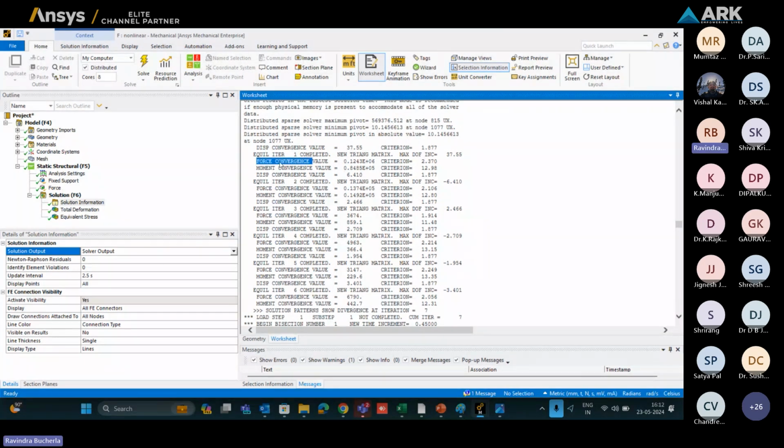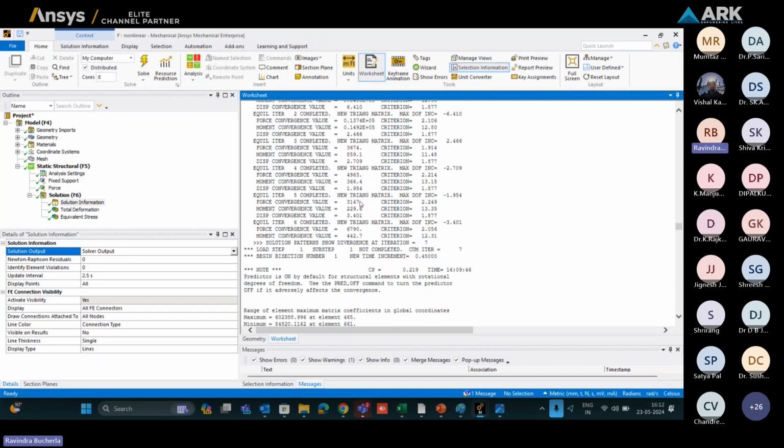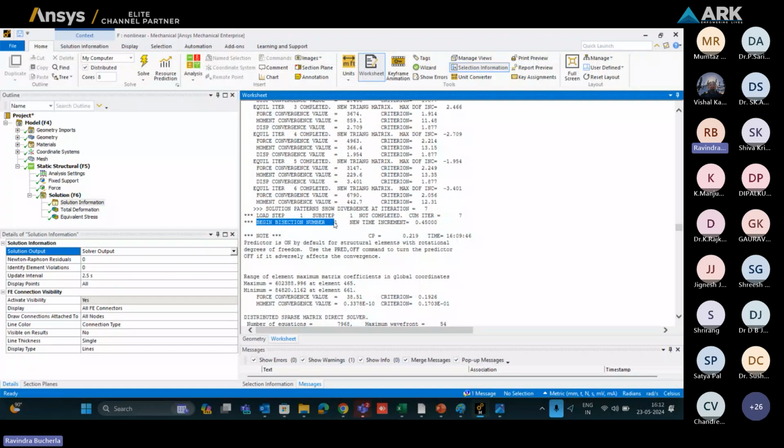This is the difference value, the force applied minus the force reaction, and this is the criteria. Similarly, the moment convergence is there, and the displacement convergence is there. Again in the second, third, fourth, fifth, and sixth iterations, nothing is converged. So what happened is bisection.